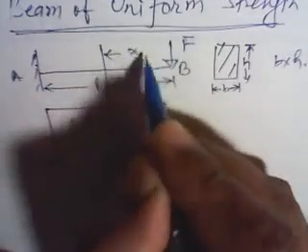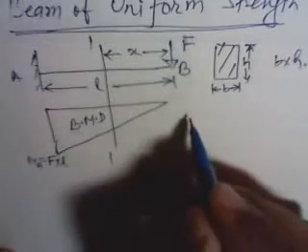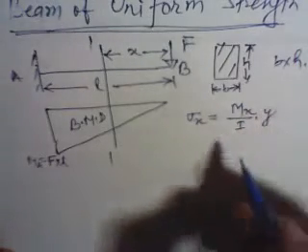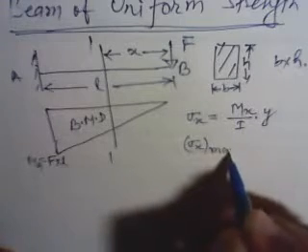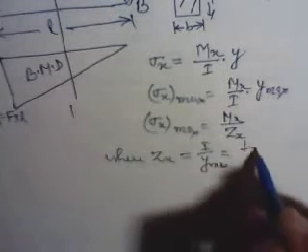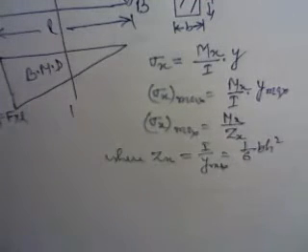If we consider a section 1-1 at distance X from point B, then we can write sigma X is equal to Mx divided by I into Y, and sigma X maximum will be Mx divided by I into Y max, or sigma X max is equal to Mx over Zx, where Zx is equal to I over Y max, or it is 1 by 6 BH square.